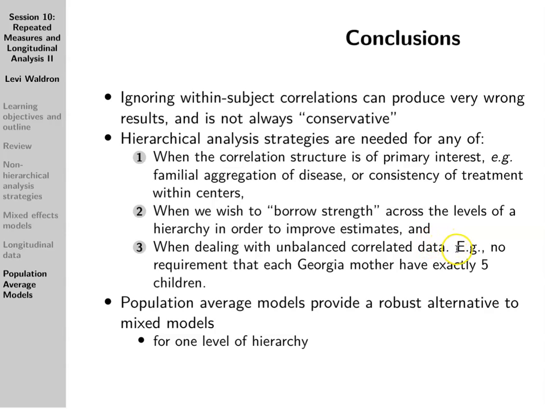This would be especially true since, for example, even though that data set had exactly 5 children per mother, that really is not a requirement of the method. And finally, population average models provide a robust alternative to mixed models for one level of hierarchy.